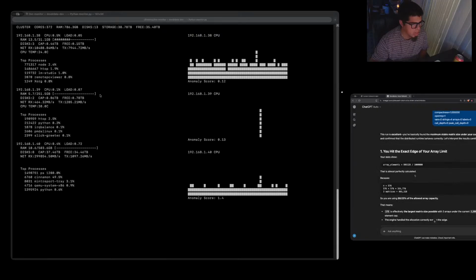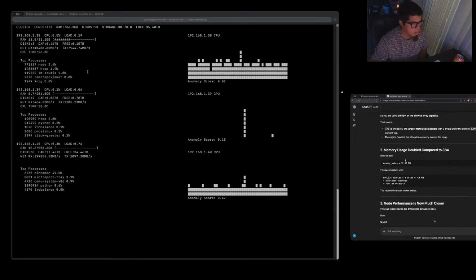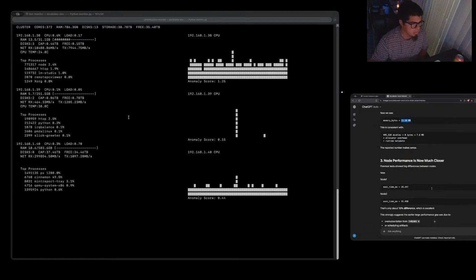So we saturated the entire memory space. Alright, so 576 is effectively the largest matrix size possible with 3 arrays under the current 1 million limit. So we use about 12.58 megabytes. And the nodes' execution time is about the same.